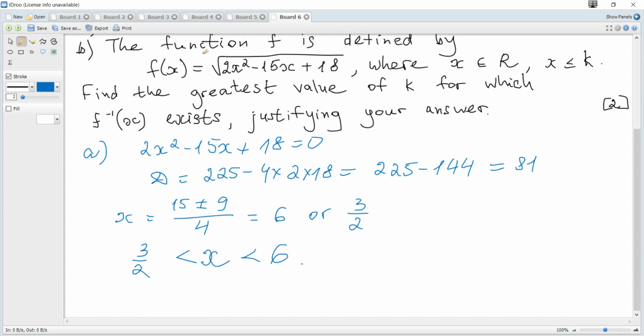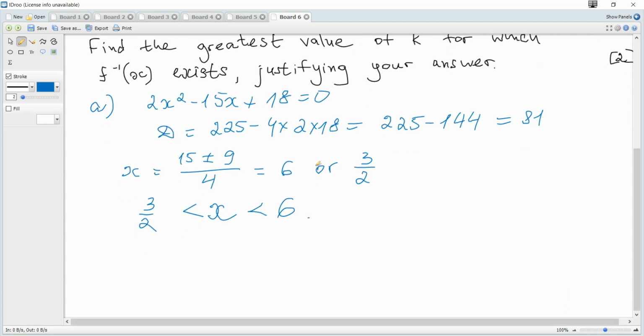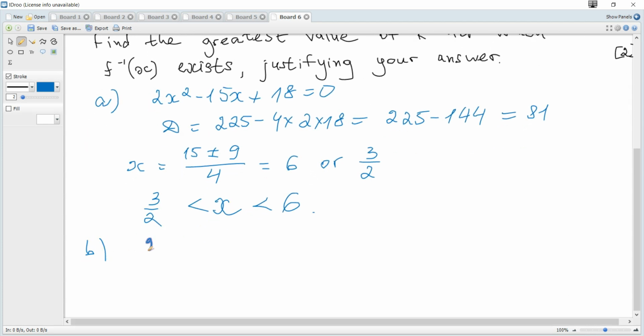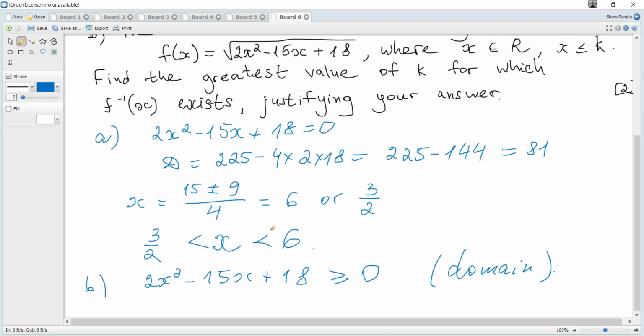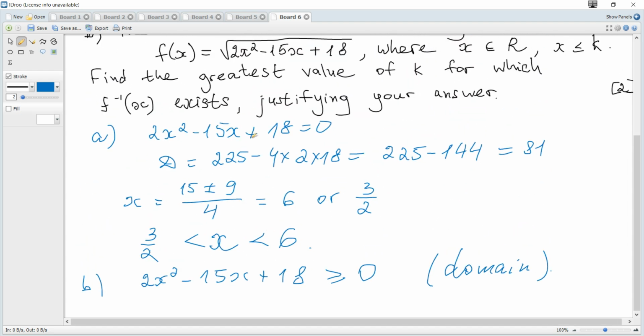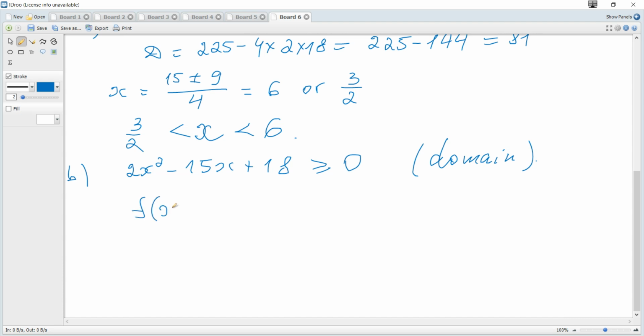So first of all, since it's a square root, this function has a domain, and 2x squared minus 15x plus 18 must be greater than or equal to 0. It's due to the domain. And also for the inverse to exist, the function must be 1 to 1.